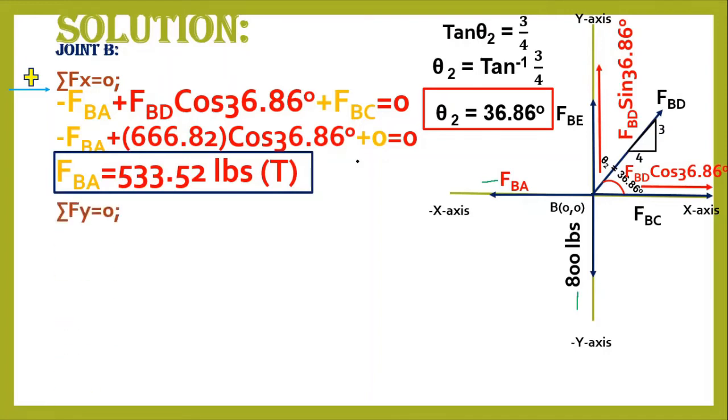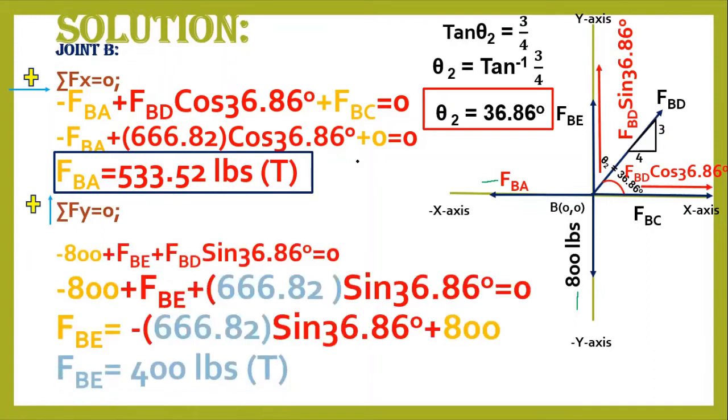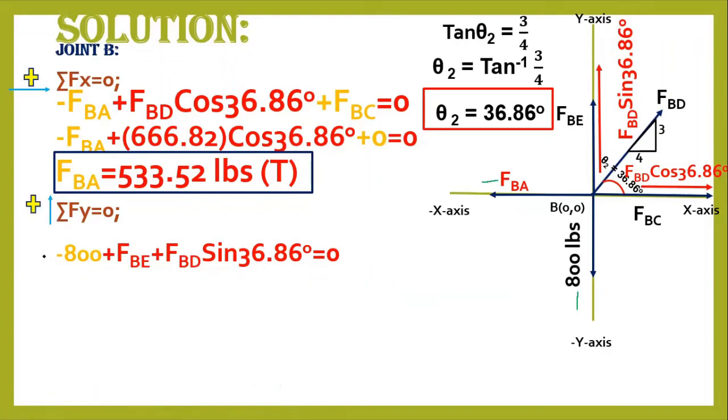Now I'm moving towards the sum of vertical forces. How can I sum up vertical forces? First you have to make the equation. Let me tell you. Minus 800, this is the force acting downward. Then FBE, the positive one, acting upward. And then the FBD vertical component.